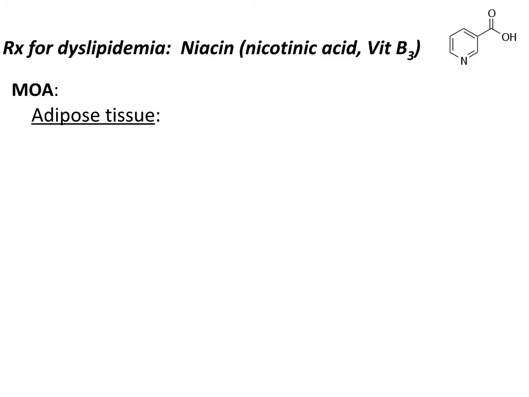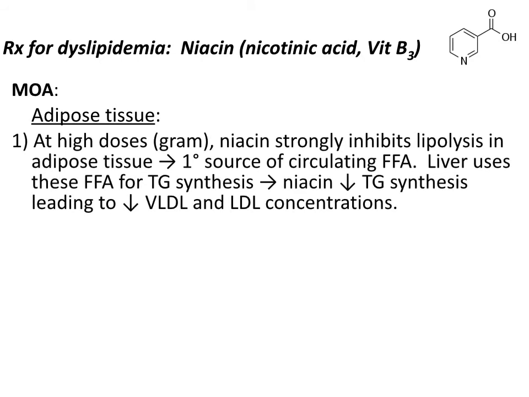It affects multiple tissues in the body, so this is more complicated than statins. If we talk about fat cells, if you take a lot of this, gram quantities, it inhibits lipolysis. That's where you break the fatty acids off of the glycerol. This is the primary source in your body of circulating fatty acids, which the liver then takes to make triglycerides. So it inhibits this process.